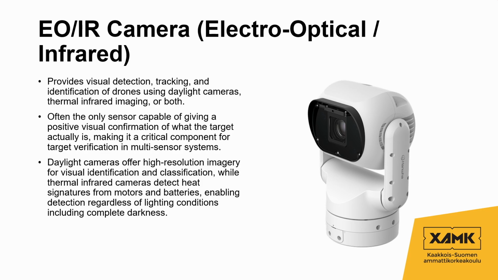If you have an acoustic detection sensor or radar, it will give you an approximate position of the drone, and when you connect these sensors, it's smart to feed the location of the drone to the PTZ camera, and then the PTZ camera can take a picture or video of the drone and confirm the detection.